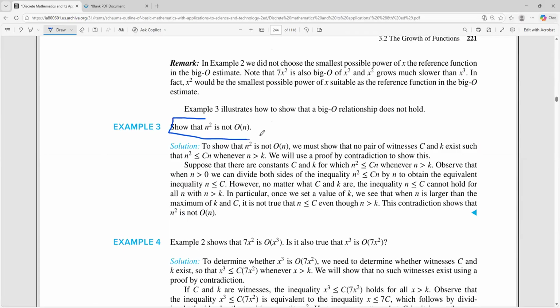What I do want to show is something you could get on your exam: proving that something is not big O of another term. Before I move on, are there any questions so far? Any questions about big O notation from what we went over?